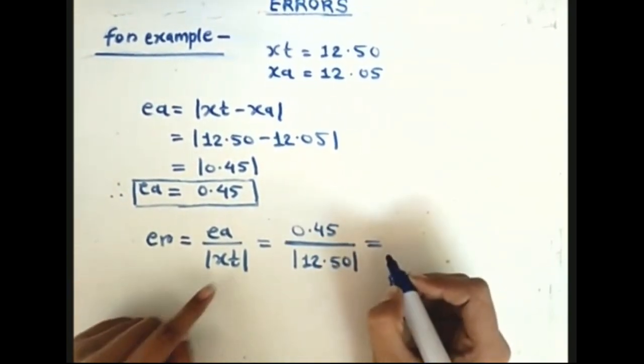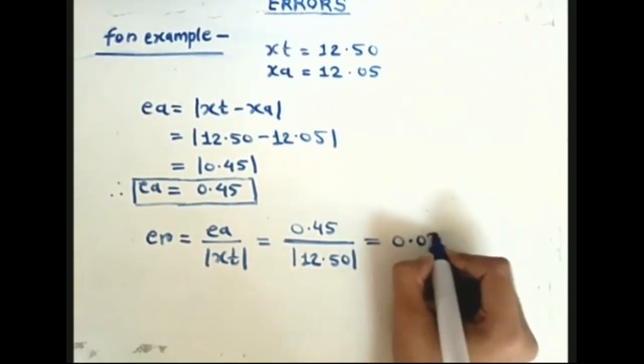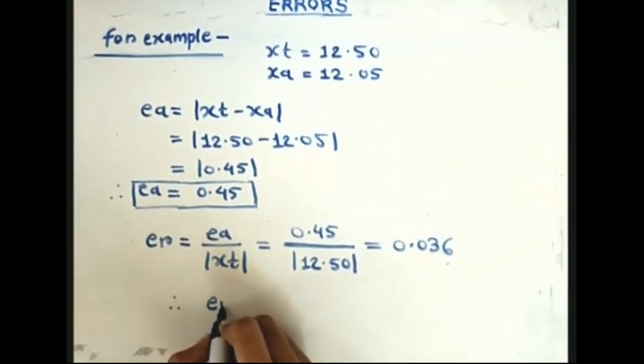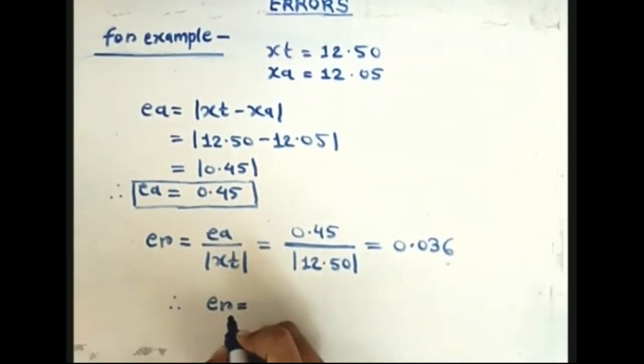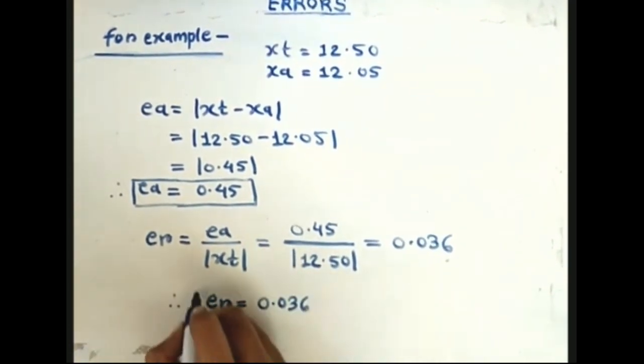The final answer is 0.036. Therefore, relative error ER equals 0.036.